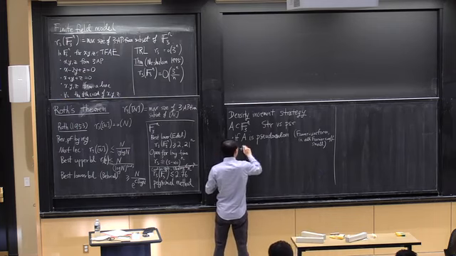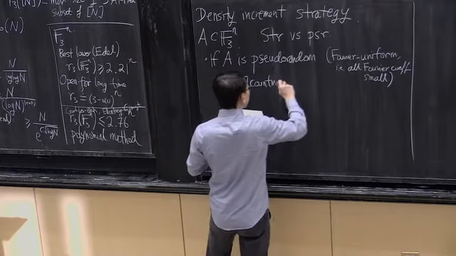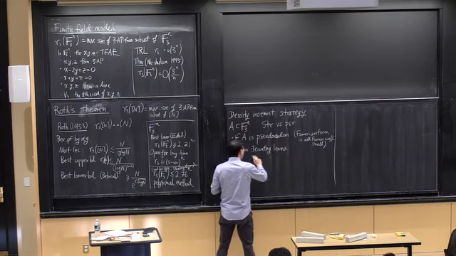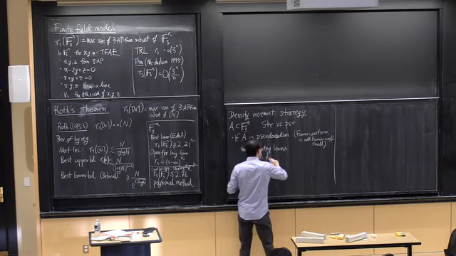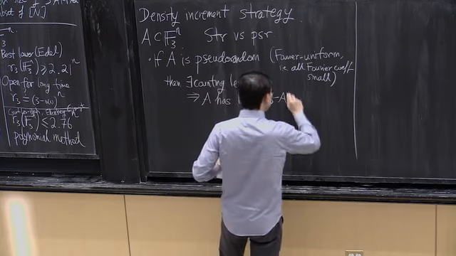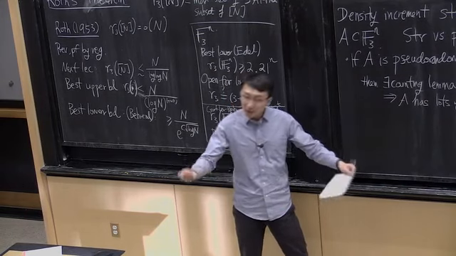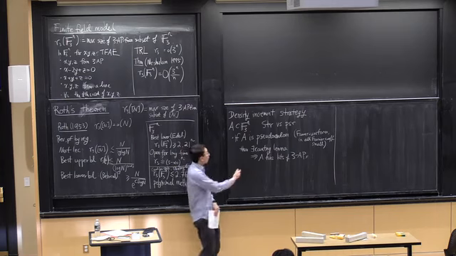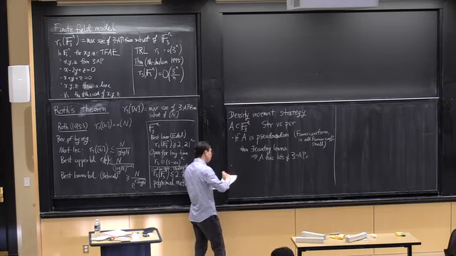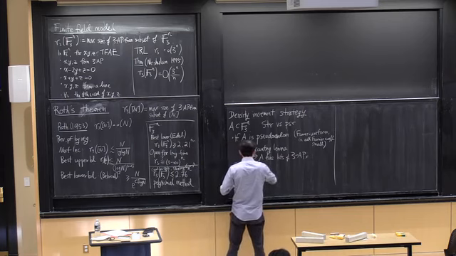So then there is a counting lemma. And the counting lemma will in particular imply that A has lots of 3APs. Okay, so then you find your 3AP. If this is not the case, then the opposite of Fourier uniform is that A now has some large Fourier coefficient.